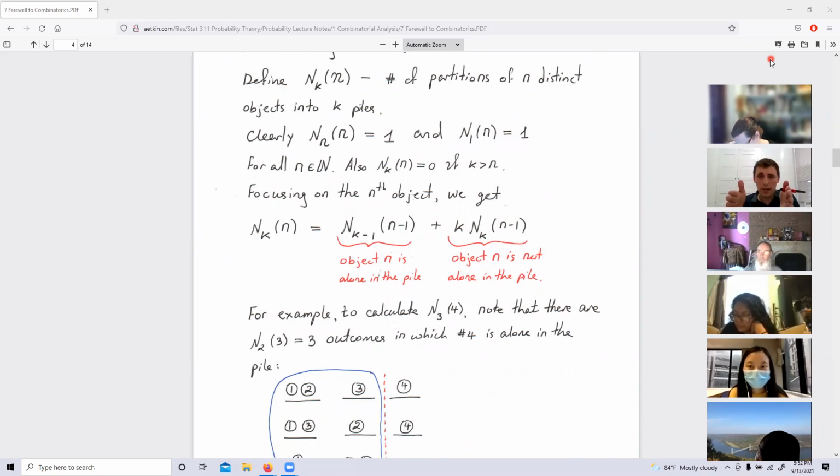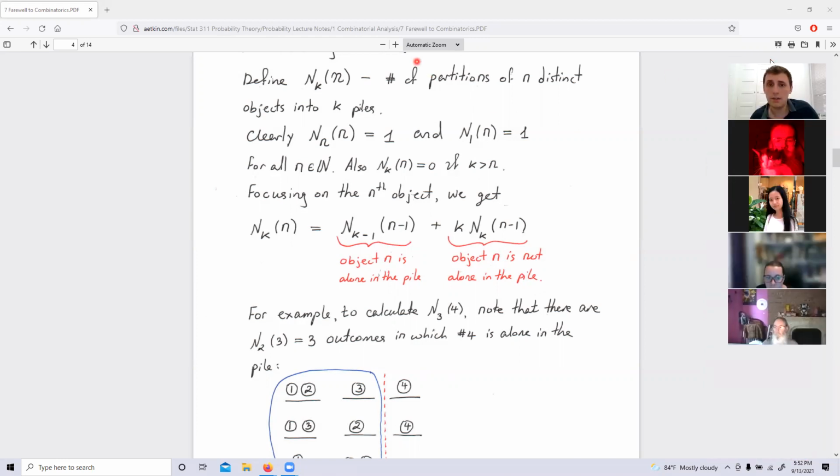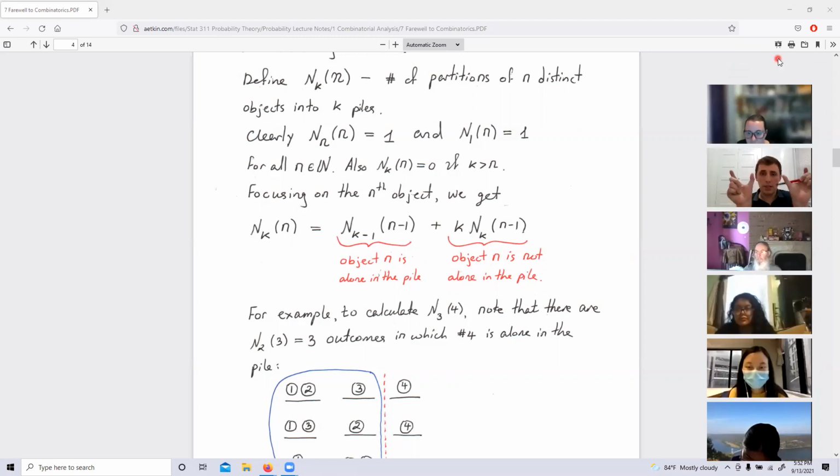So for each grouping in my count for n minus 1 objects, if I toss Jimmy into one group or another, then I create the extra k. That's why I multiply by k here. Do you understand? So what I do is Jimmy alone plus Jimmy not alone.